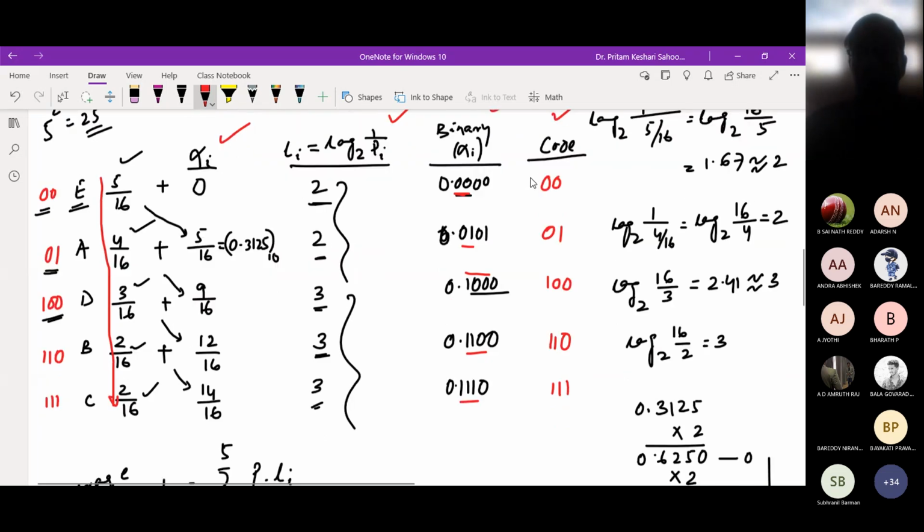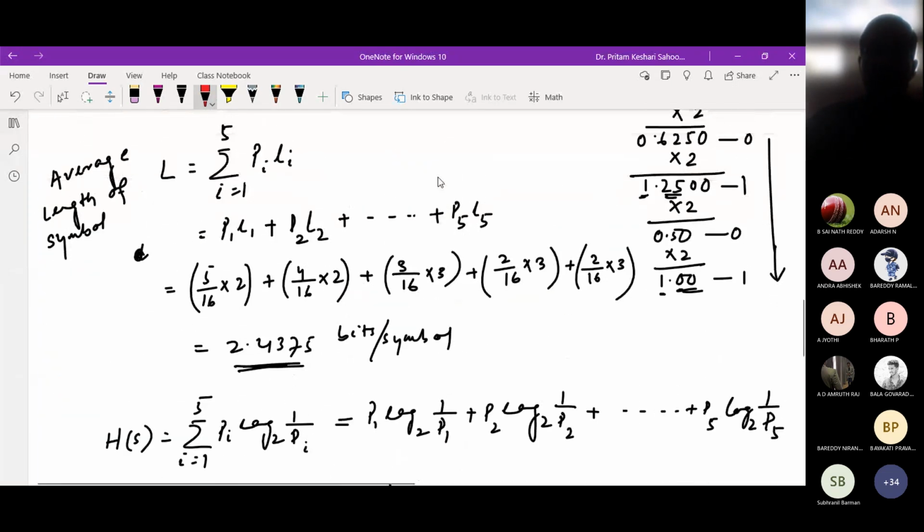Once that part is over, you can go for finding the value of capital L, that is the average length of the symbol transmitted by the source, and we have to calculate H of S. So when we are calculating for second extension, what will be the formula?